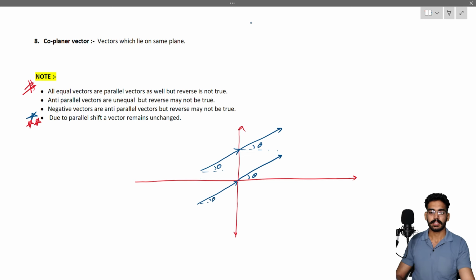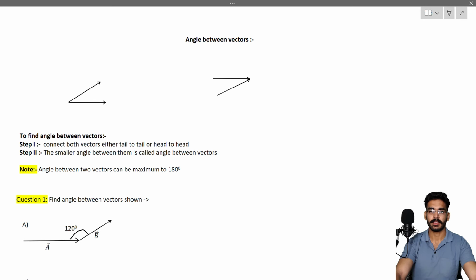Now let's go ahead with our next thing, which is angle between vectors. Now let's define angle between vectors. So if I say this is A vector and this is B vector, what I am saying is this angle is your theta. So theta is basically the angle between the vectors.